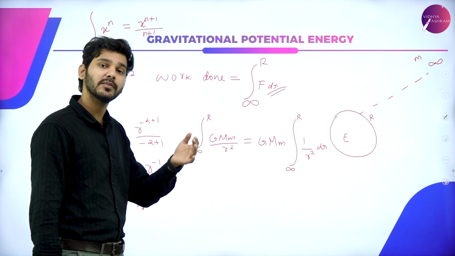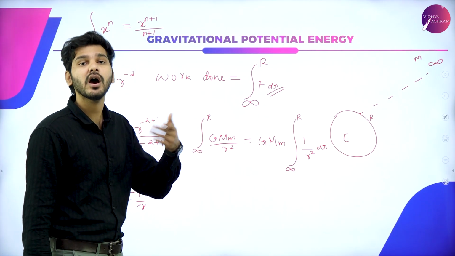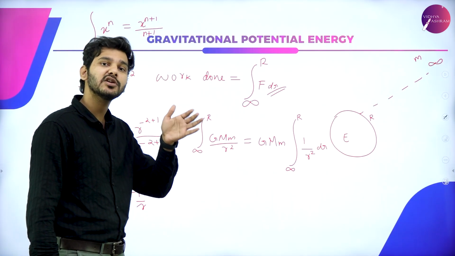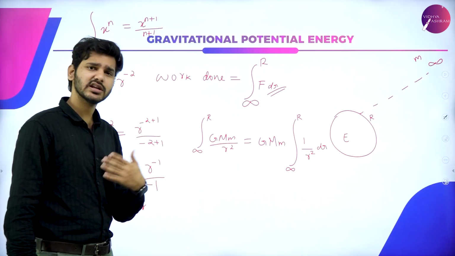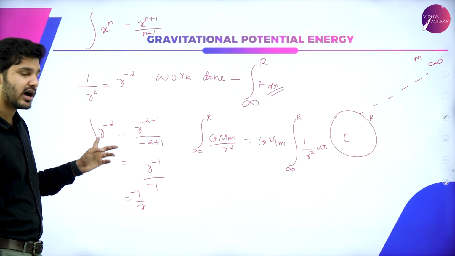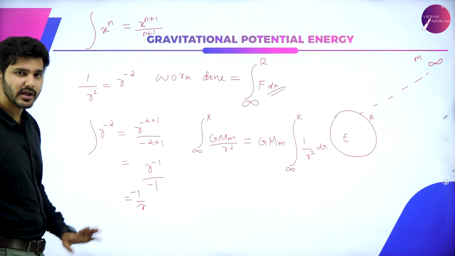If you integrate 1 by r cube, you will get minus 1 by r square. If you integrate 1 by r raised to 4, you will get minus 1 by r cube. Like that, you can integrate any quantity. So again, when you integrate 1 by r square, you will get minus 1 by r.